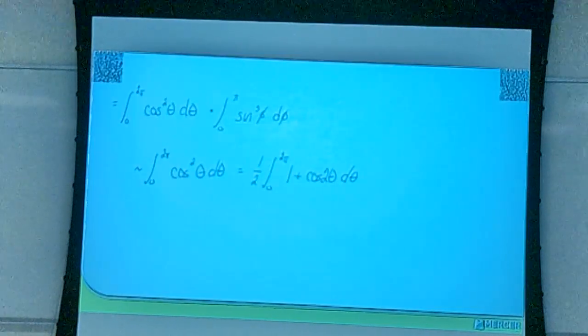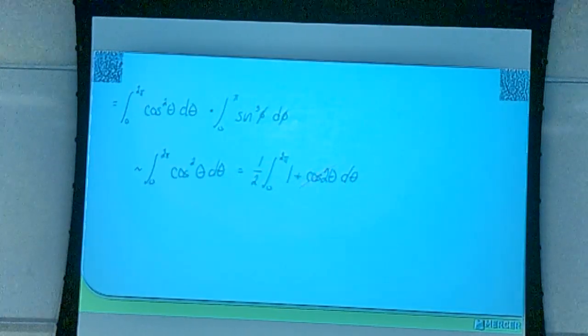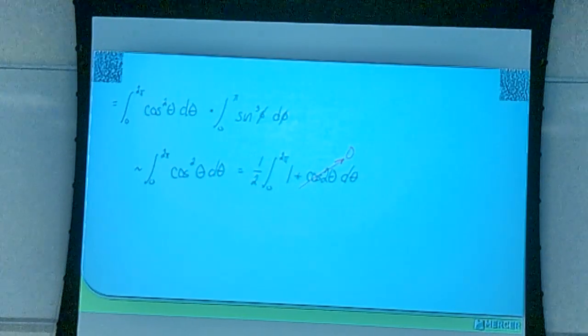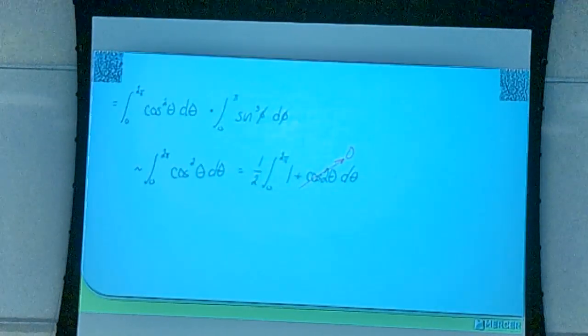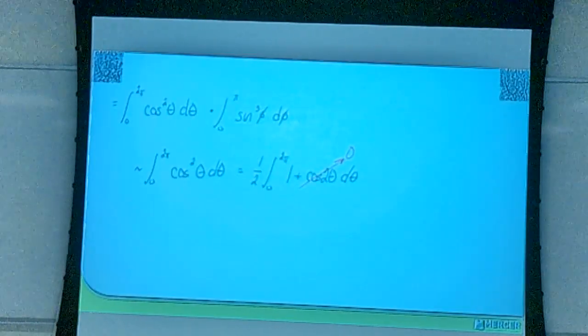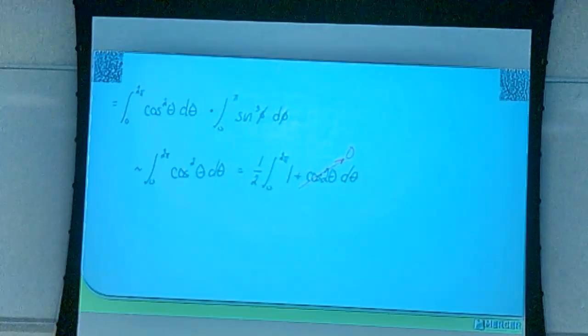So then it's just 0. Oh, because 1 period would be 0. If you integrate a periodic function over any multiple of its period, it's automatically 0. That becomes pi.